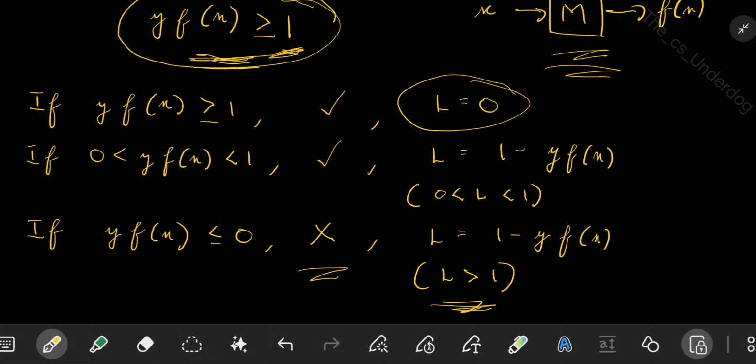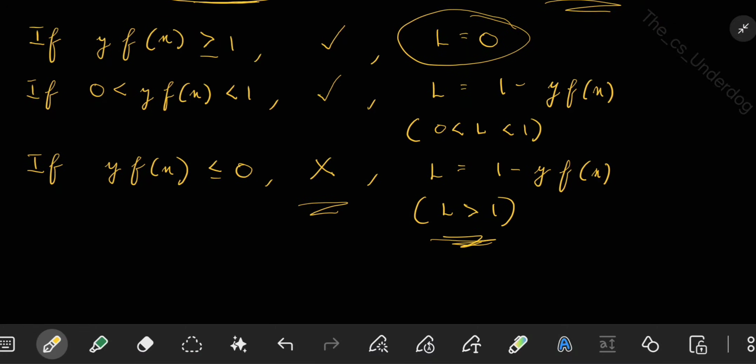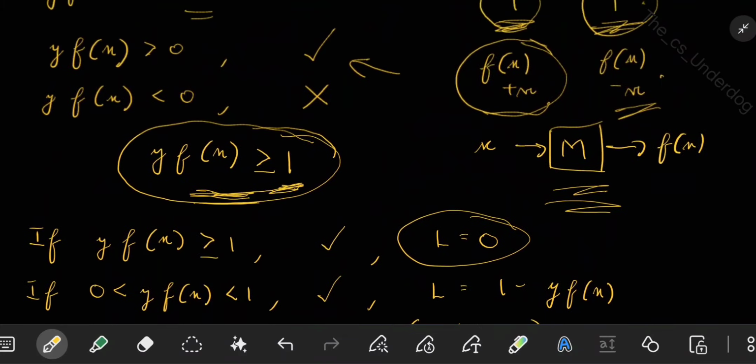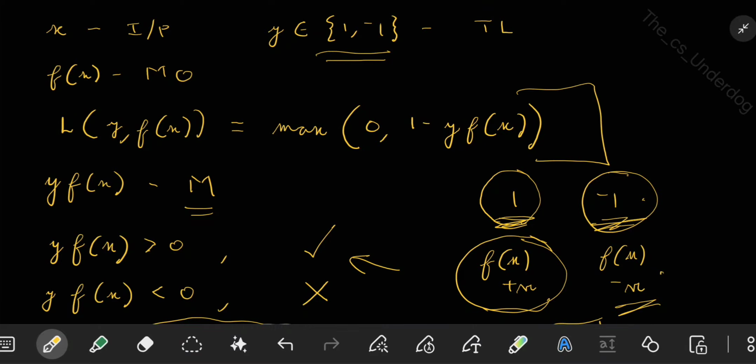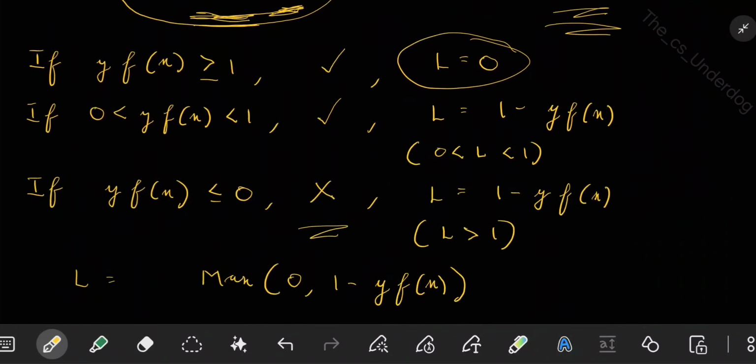This is the logic. Another way of expressing the same logic, whatever I have written here, is by saying that I want the maximum of 0 and 1 minus y into f of x. So this is the loss function that I wrote in the beginning, the maximum of 0 and 1 minus y into f of x.